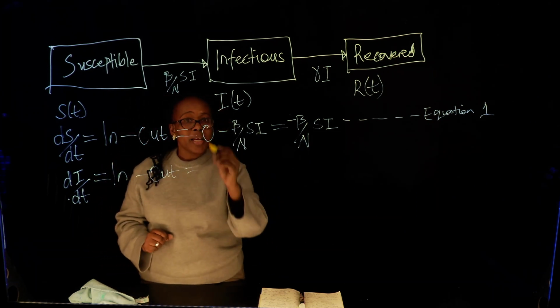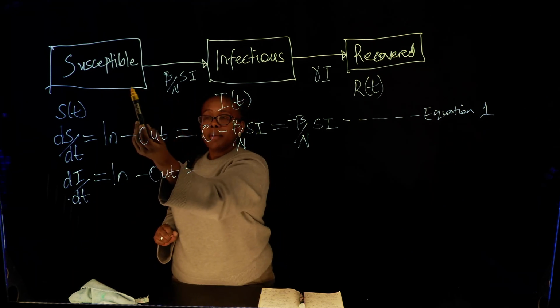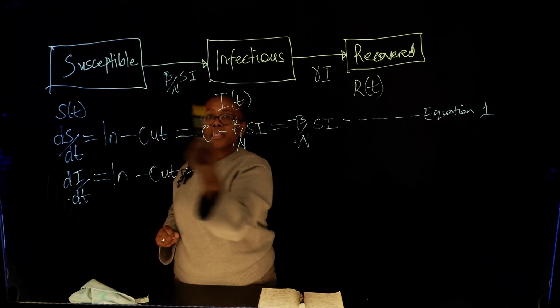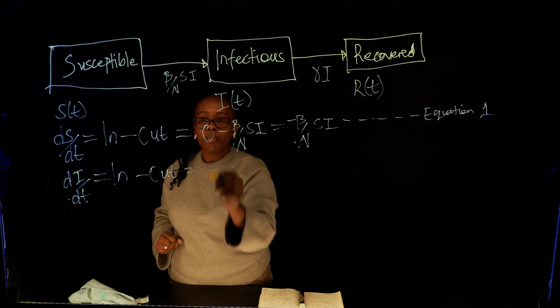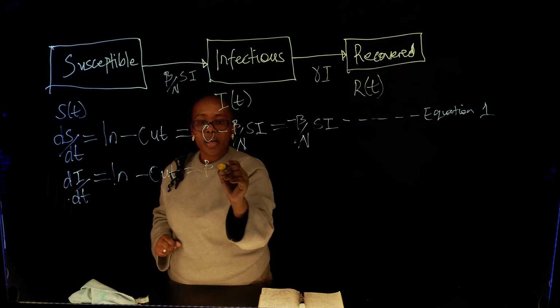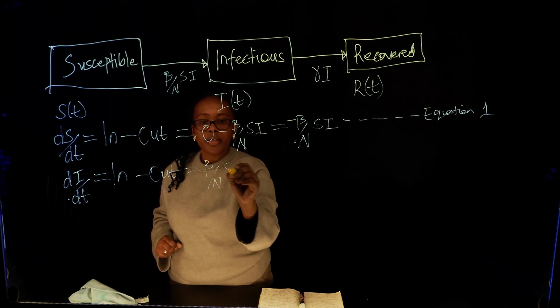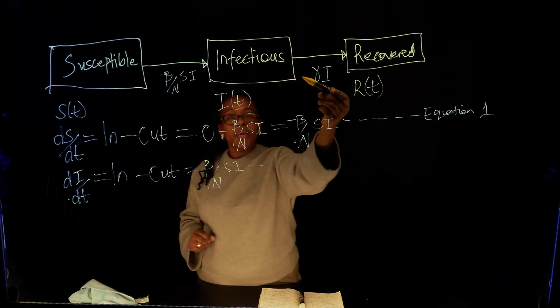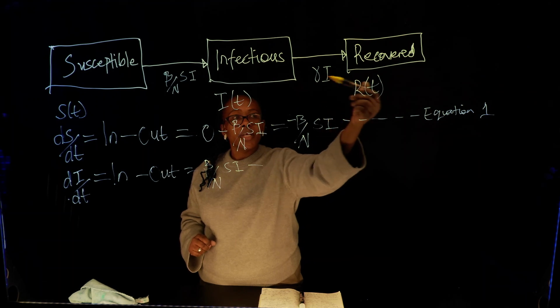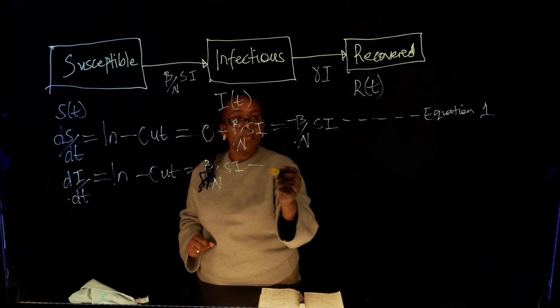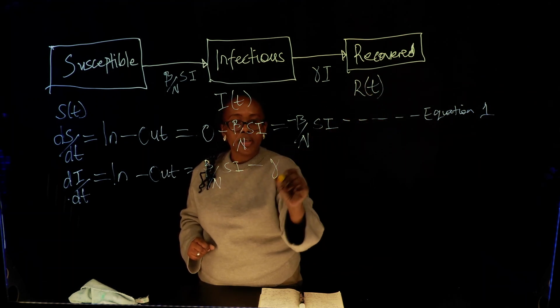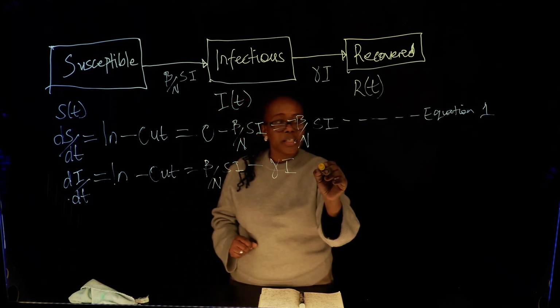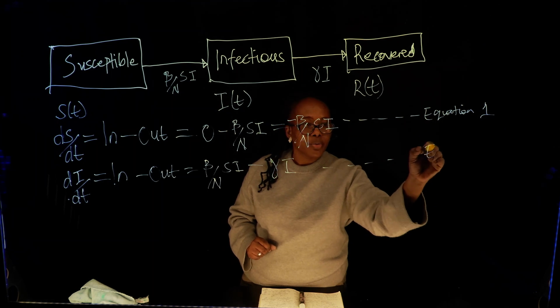The in is those coming from the susceptible compartment going to the infectious compartment, which is beta over N SI, minus those coming out of the infectious compartment and going to the recovered compartment, which is gamma I. This forms our equation 2.